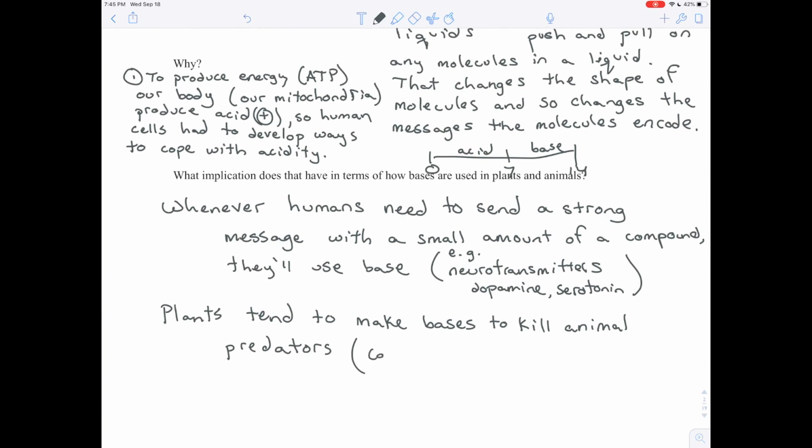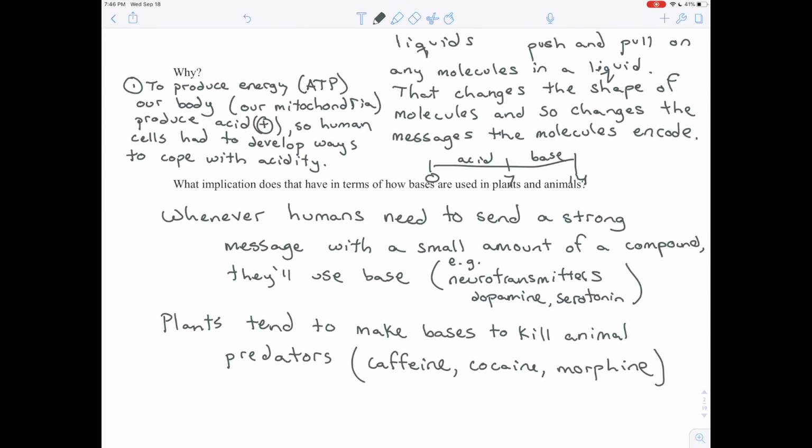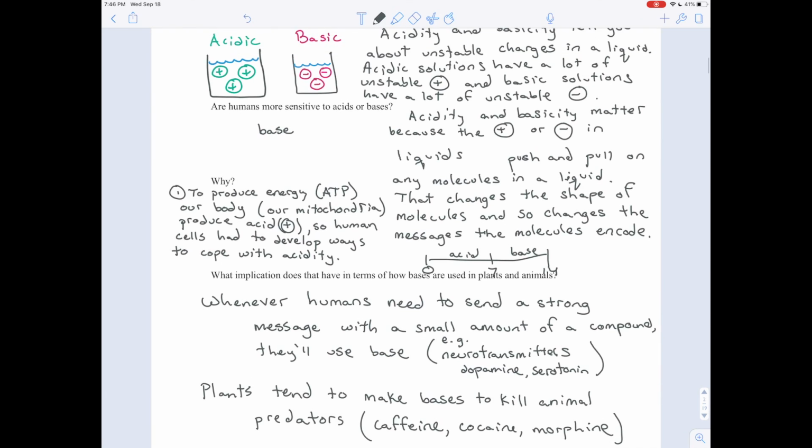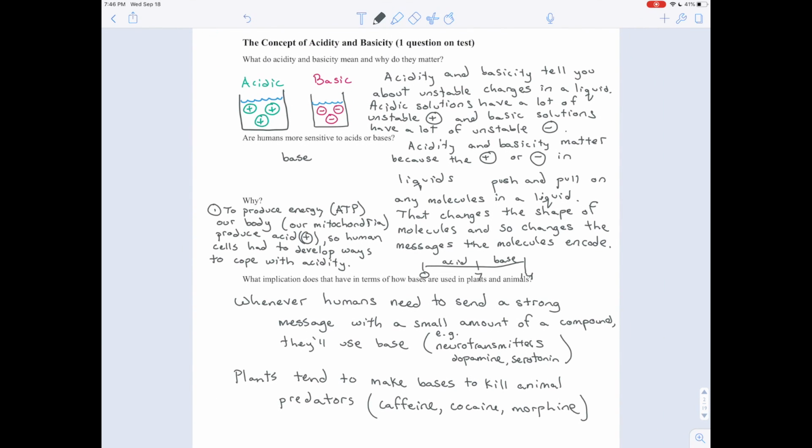And so, for example, caffeine is a base produced by plants that's meant to ward off animal predators. Cocaine, morphine, those are all bases produced by plants to ward off animal predators. So that's some concept of acids and bases.